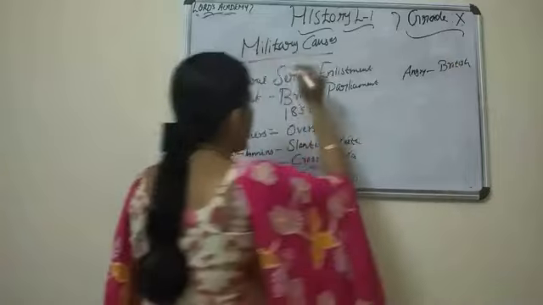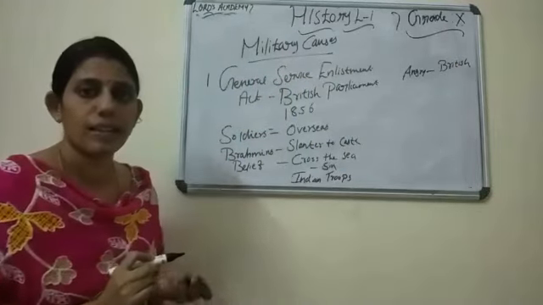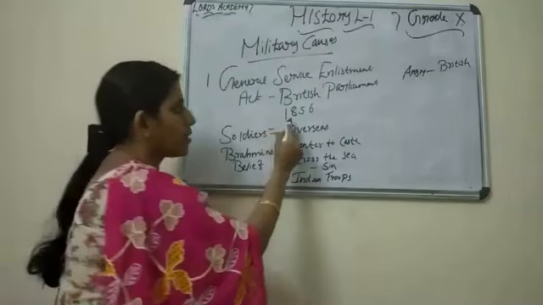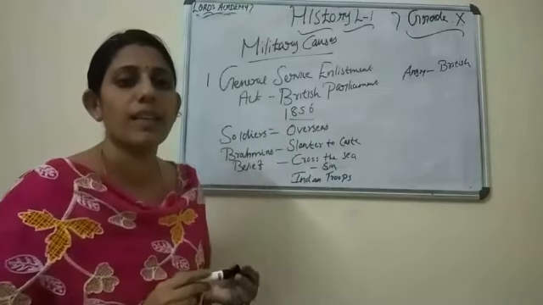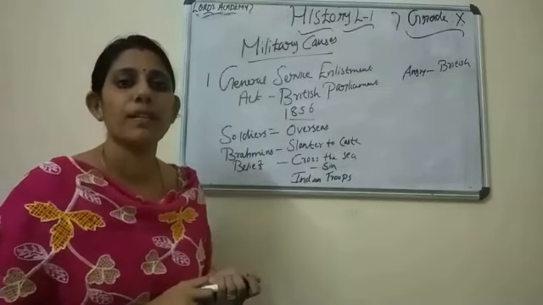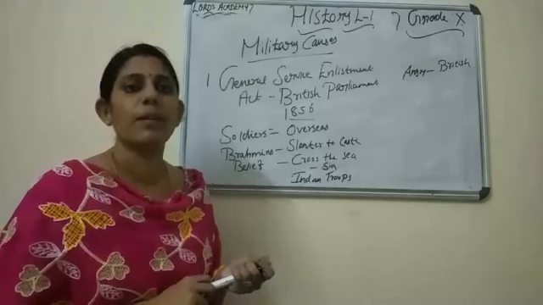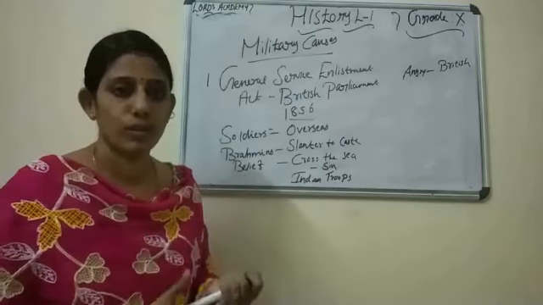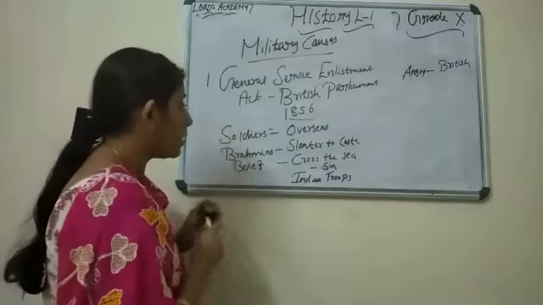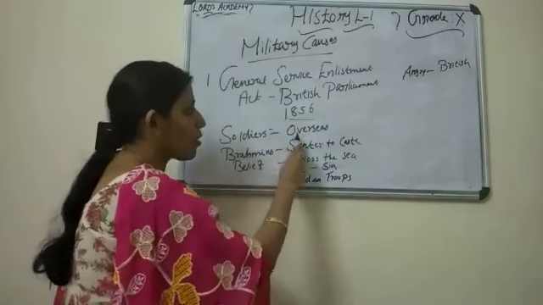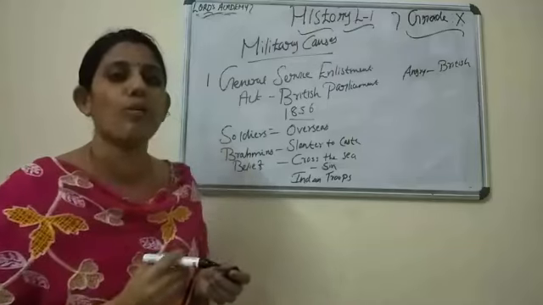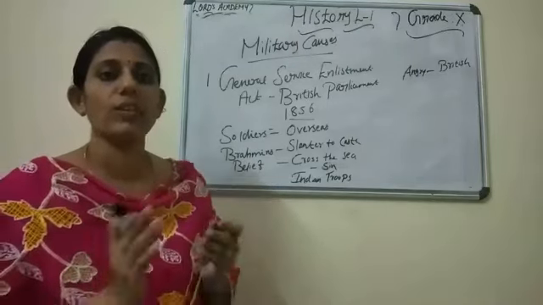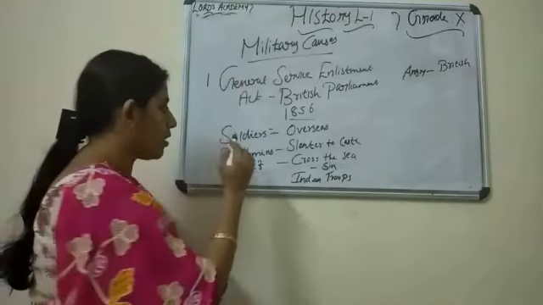So once again, go through that. General Service Enlistment Act. It was passed in the year 1856 by the British Parliament. The act required Indian soldiers to cross the seas. What was their reaction?